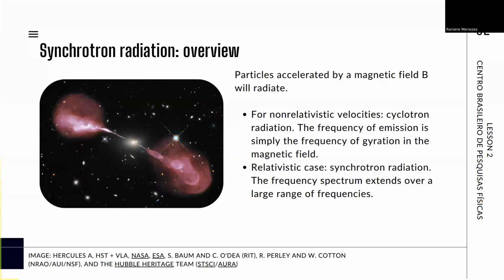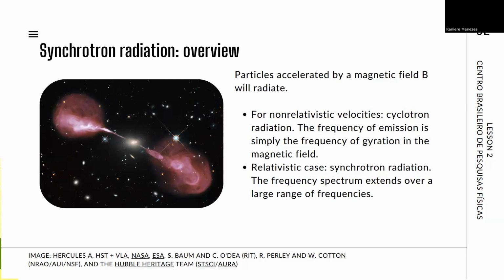Okay, so for the synchrotron radiation, I will start with this image of the Hercules A galaxy. This is an optical image with the radio lobes overlaid. Most of the radio emission that we observe from active galactic nuclei can come also from bremsstrahlung, but most of it comes from synchrotron emission.